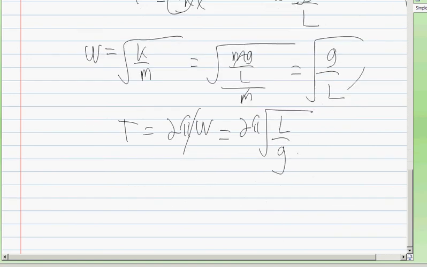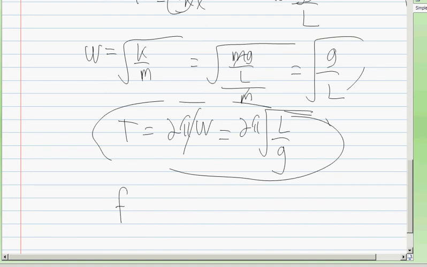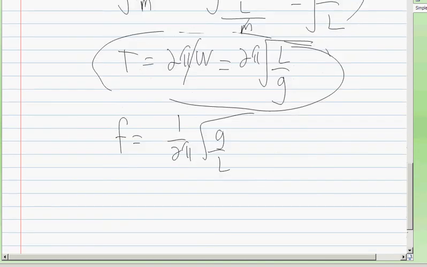And again, that just gets us back to the equation we talked about originally. The frequency is obviously going to be the inverse of that, 1 over 2 pi times the square root of g over L. And again, this is for the small angle approximation. That's the key important part.